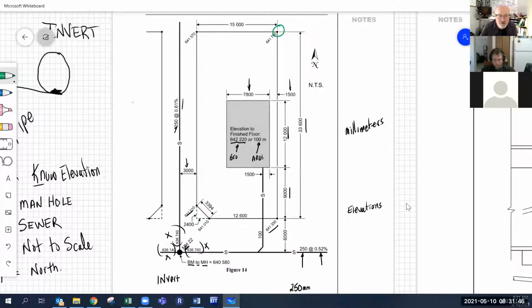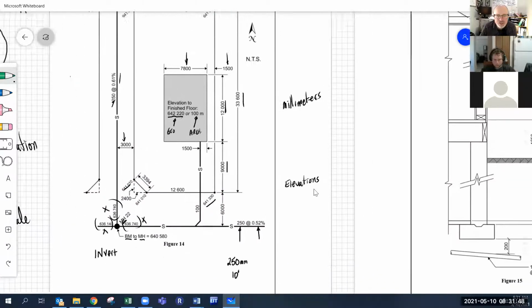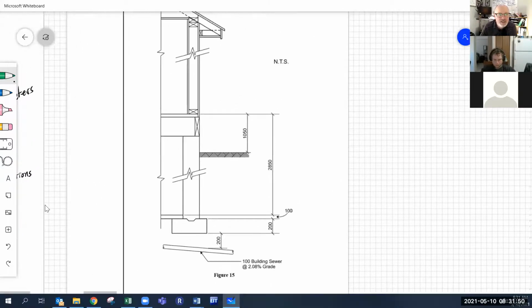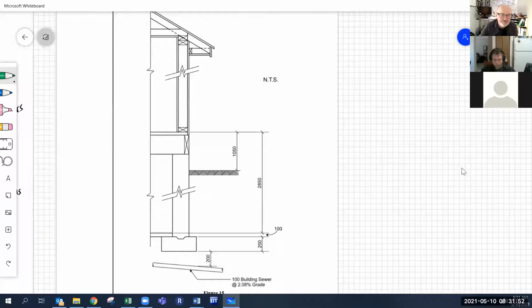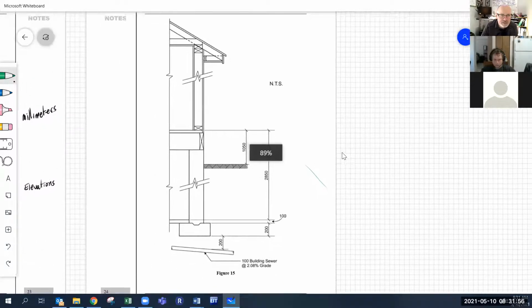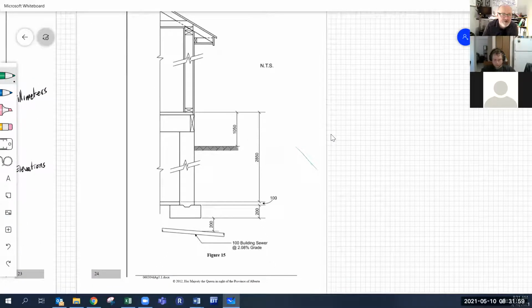Okay, so on the next picture, we need to maybe know a little bit more information. Let me just pull back again. Also, this up here means not to scale.